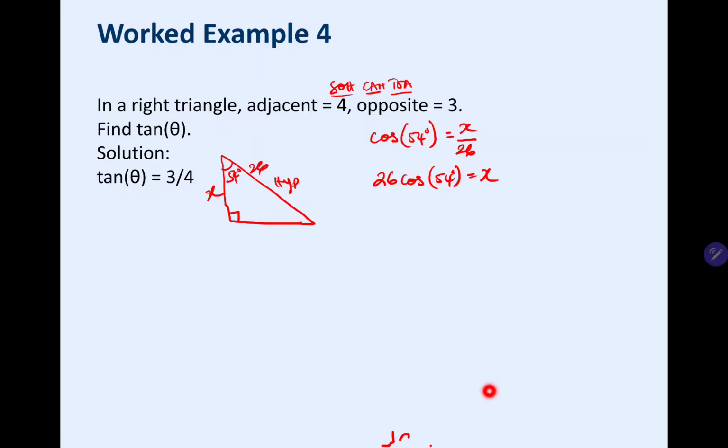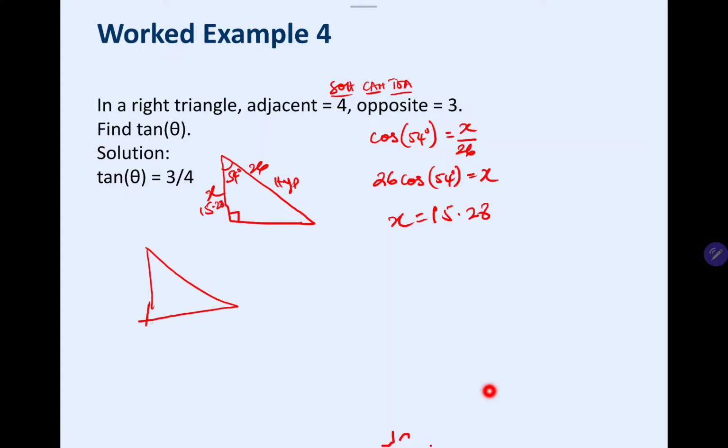Then if you multiply that by 26, you can get the value of x, and that will be 15.28. Okay, so the value of x here is 15.28. So that's it for that. Let's look at another question.